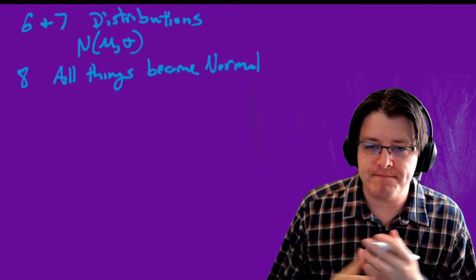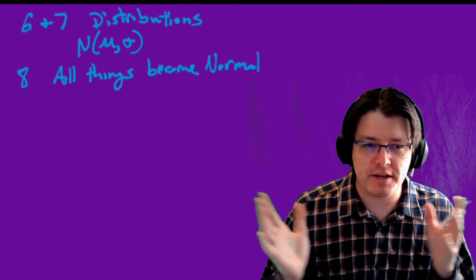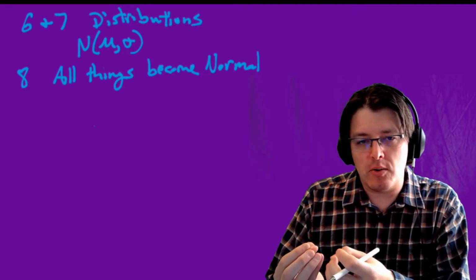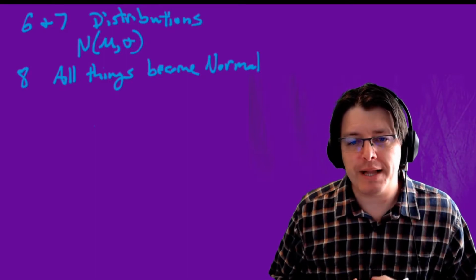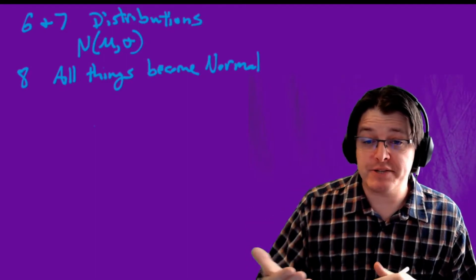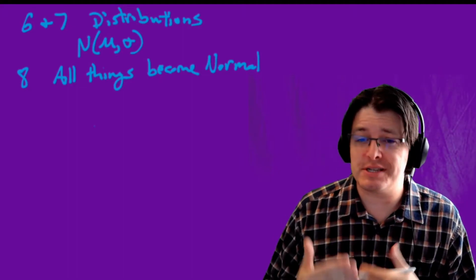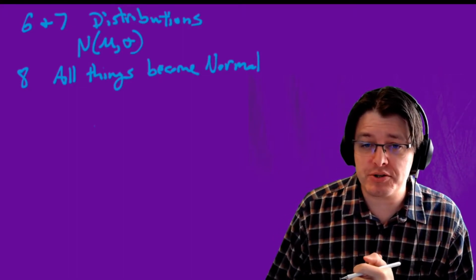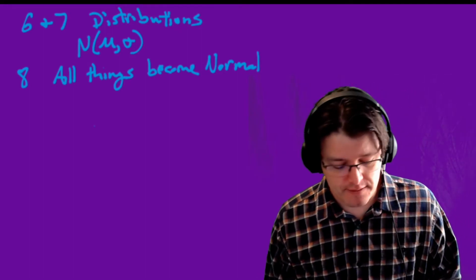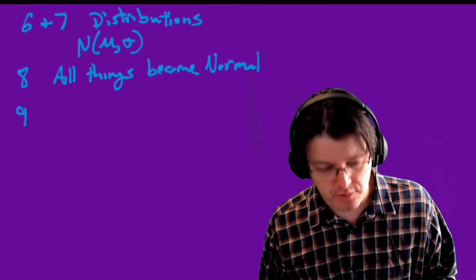This feels like a new religion. All things become normal. We could build it around that. So we can apply the normal distribution to all kinds of different scenarios. And in fact, that's what we do in chapter 9, is we turn to some kind of real world questions that we might be interested in. What is the mean of a certain group?